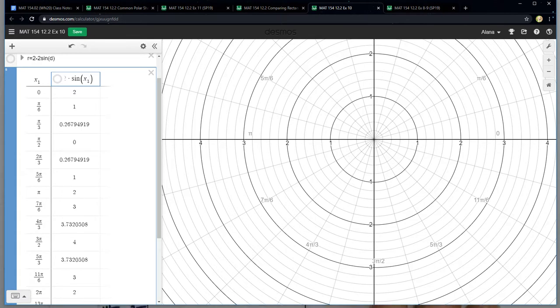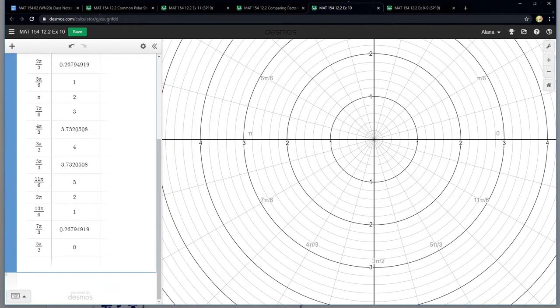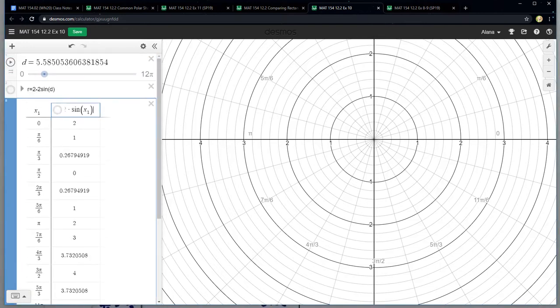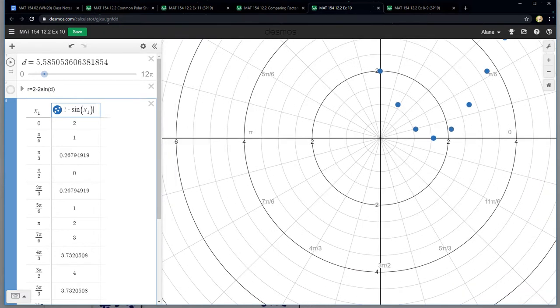And I want you to notice something else before I leave here. Which is why I didn't graph them. If I graph them, Desmos thinks that I want the x, y coordinates.